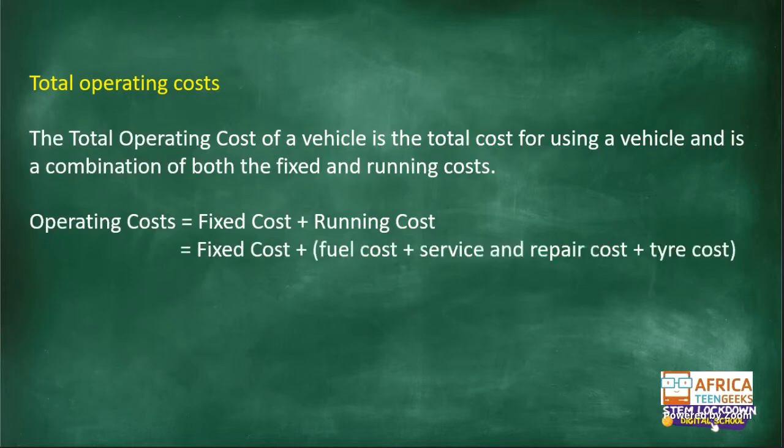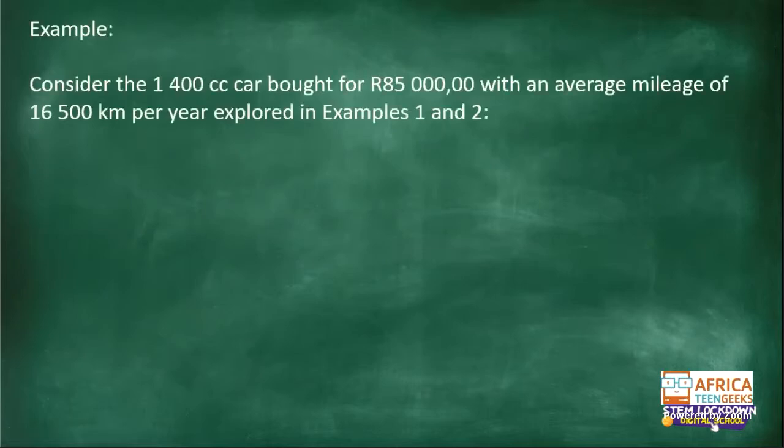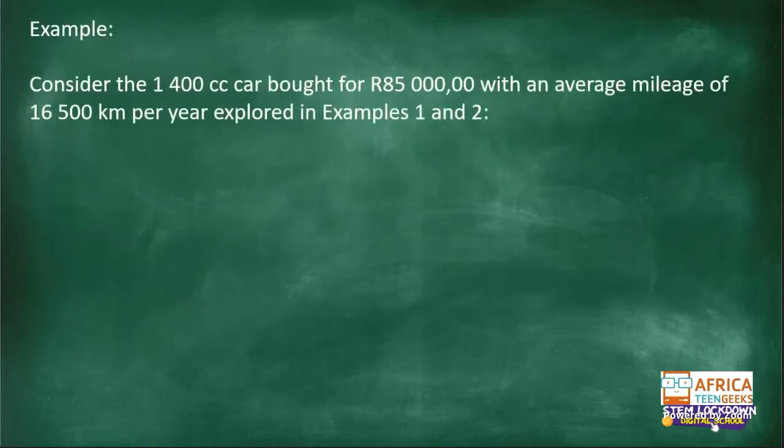And in this case, the fixed cost, as you can see, plus this is the fuel cost, plus service and repair, plus tire cost. Remember, we've done that already with our fuel factor there. And then, of course, we are going to show you an example just so that you can see how we calculate the total operating costs. So we're going to look at this example.